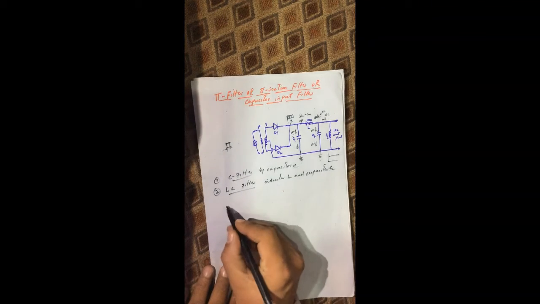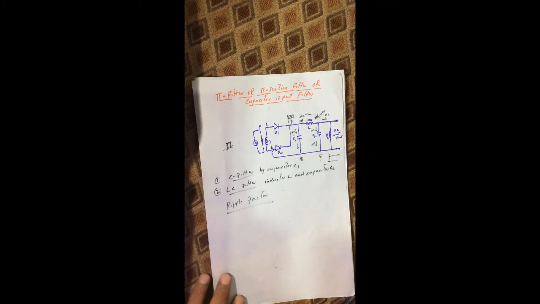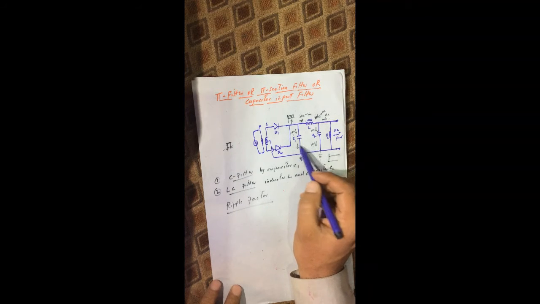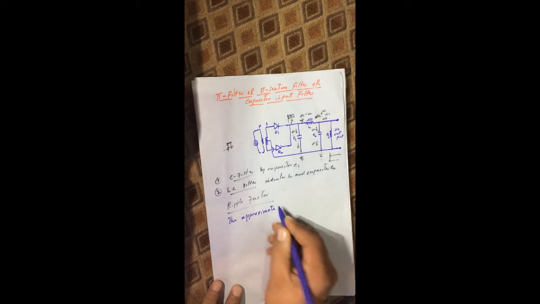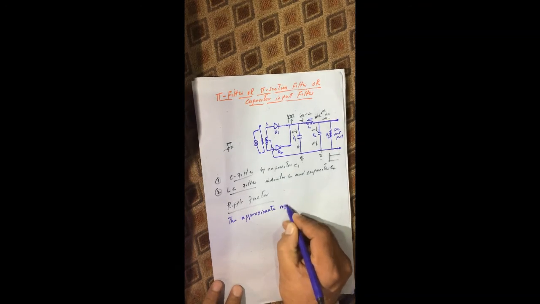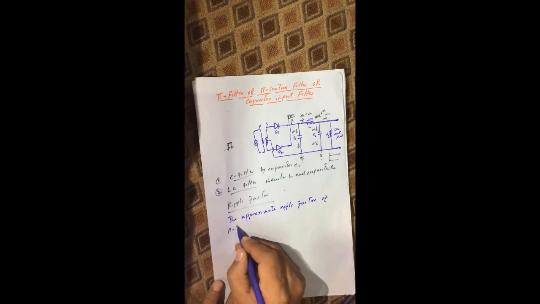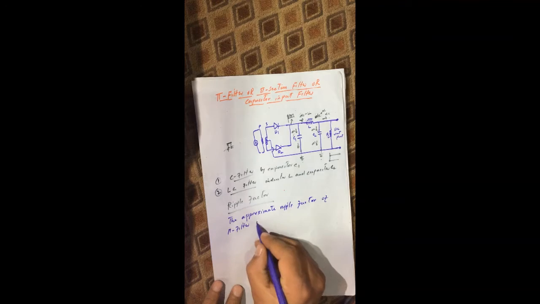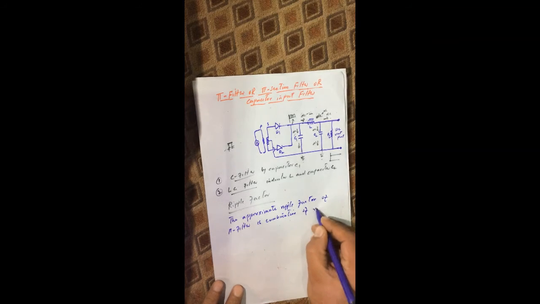Now we will calculate the ripple factor. The approximate value of the ripple factor of this pi filter is a combination of the ripple factors of the capacitor filter and the LC filter.